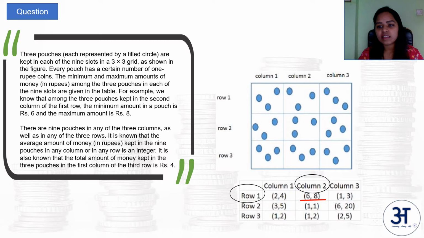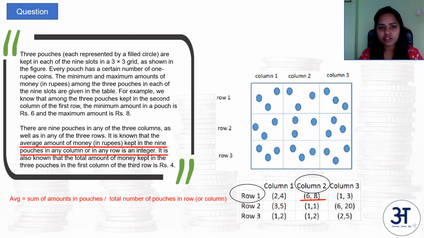So what this means is that in any column and any row, the average is the sum of the amounts in the pouches divided by the total number of pouches in the row or column. The total number of pouches in a row or column, as we have seen in the question itself, is 9. So the sum is equal to average into 9, and it is given that the average is an integer, so the sum is a multiple of 9 always.